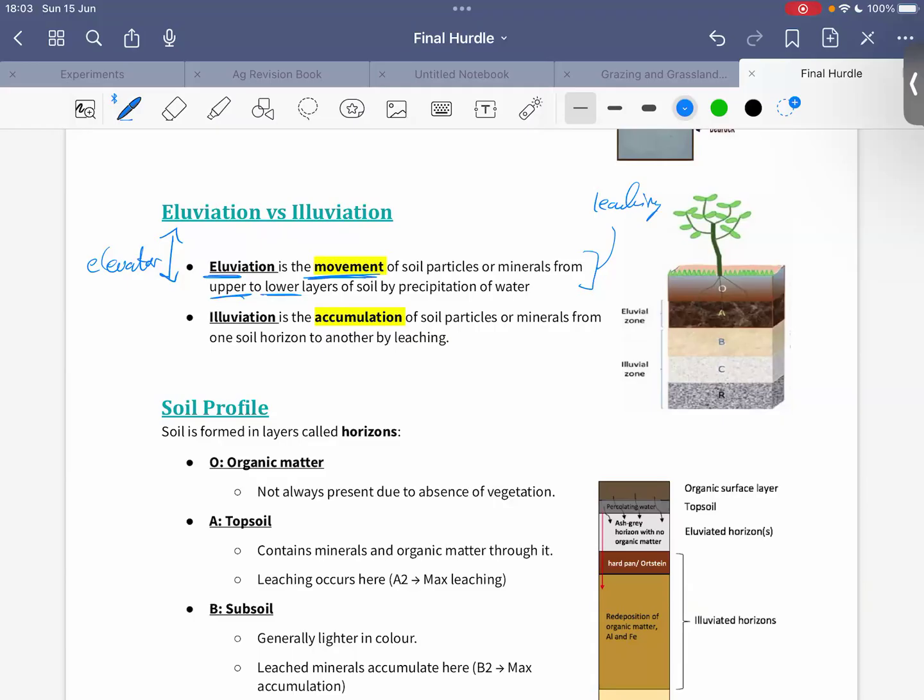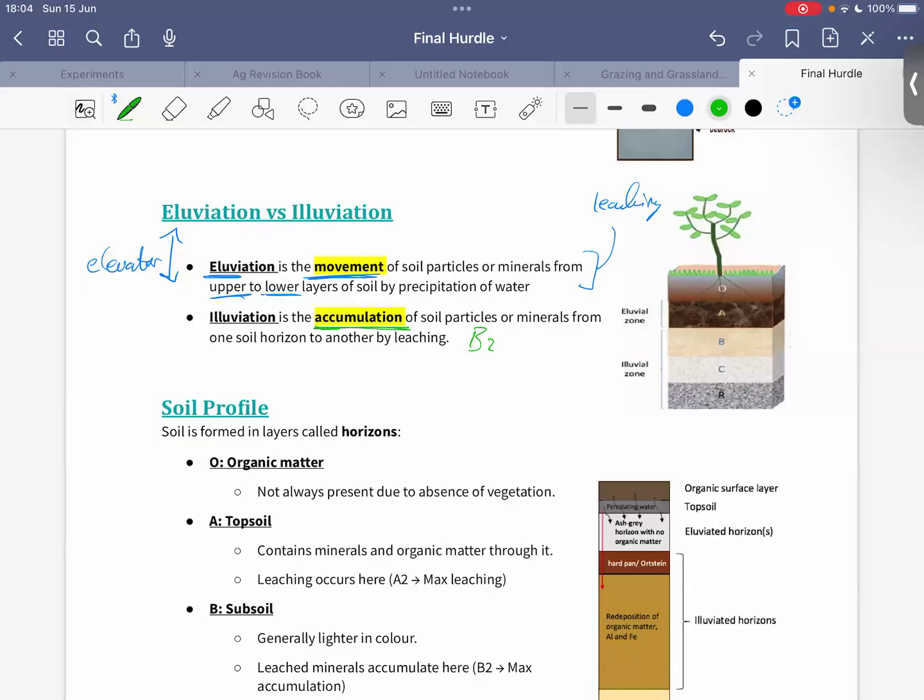Illuviation is where they all accumulate, in the B2 horizon, where your iron pan is going to form in your podzols. So it is the accumulation of your soil particles and minerals from one horizon to another by leaching.